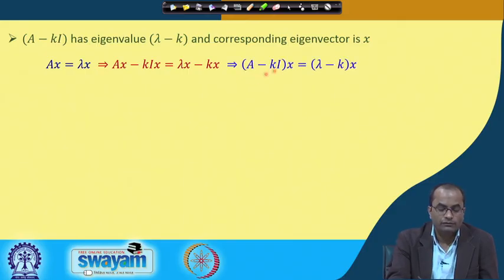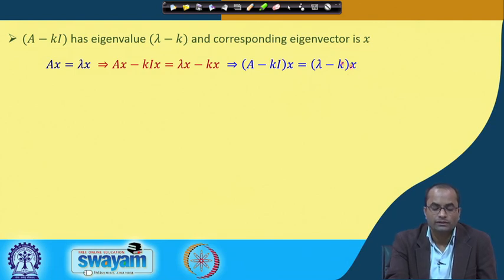Having this, now we can take this x common from the left hand side. So, (A - kI) x is equal to (lambda - k) x.